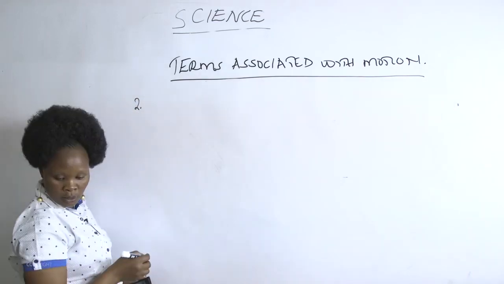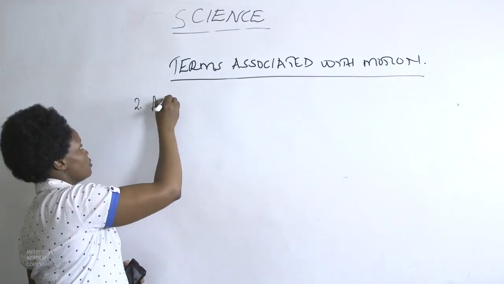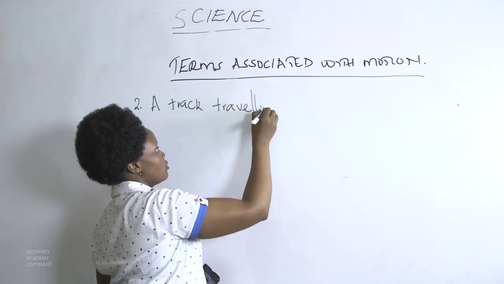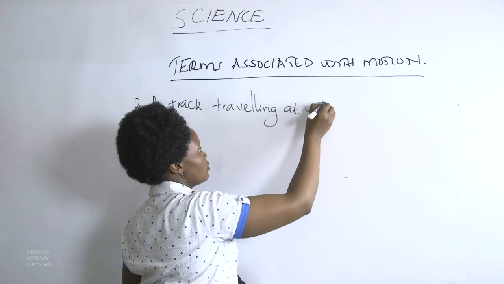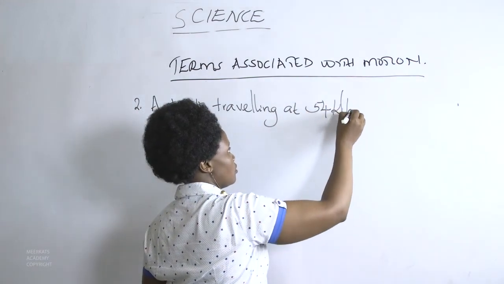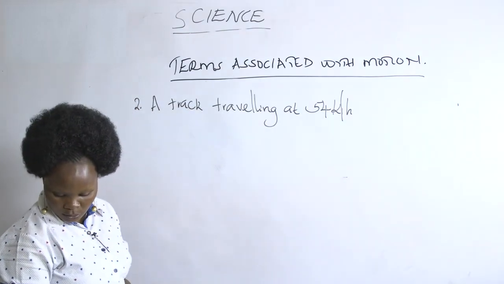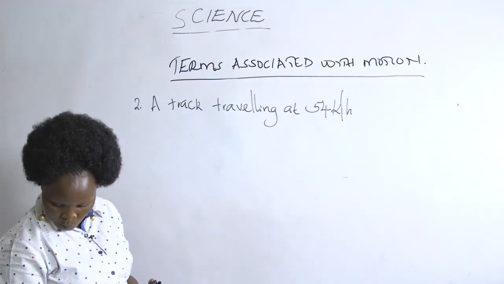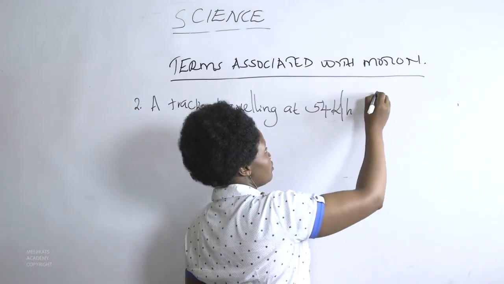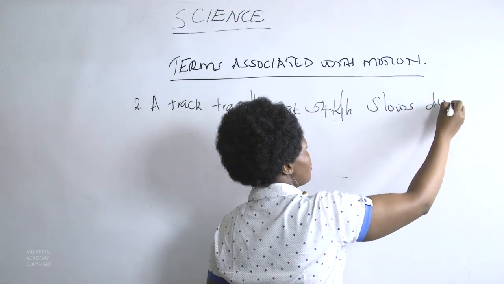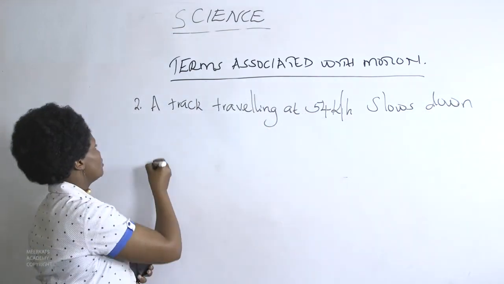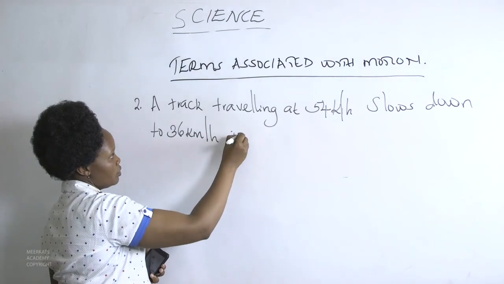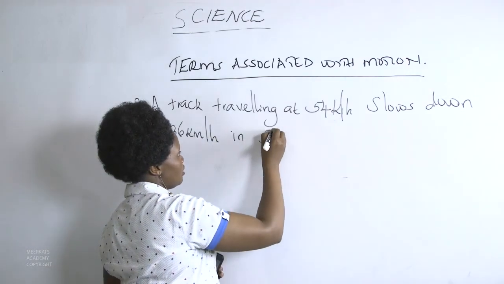Number 2. A truck traveling at 54 kilometers per hour slows down to 36 kilometers per hour in 5 seconds.